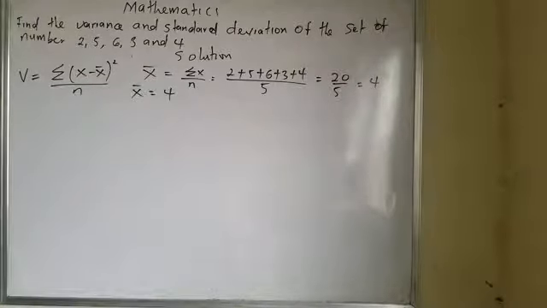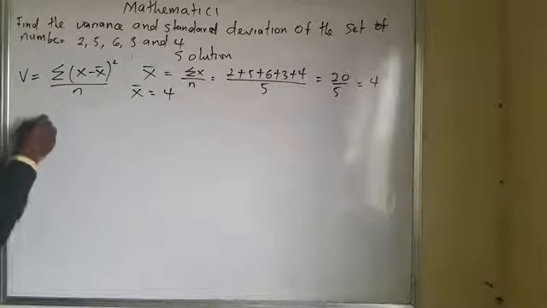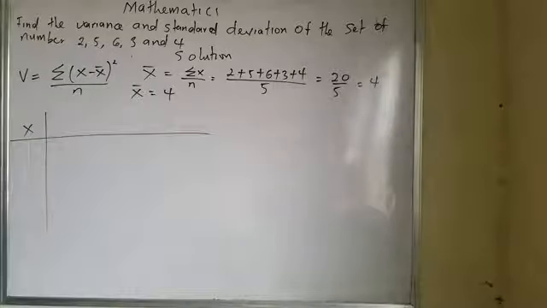Since my x bar is equal to 4, I will move on by listing my x values, which are 2, 5, 6, 3, and 4.